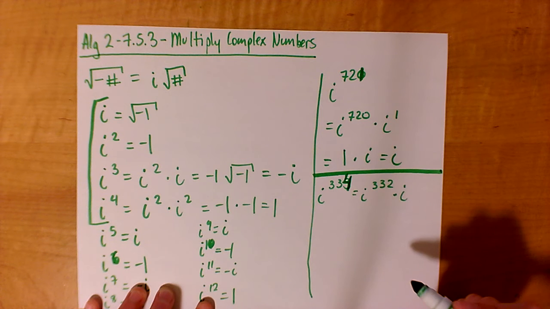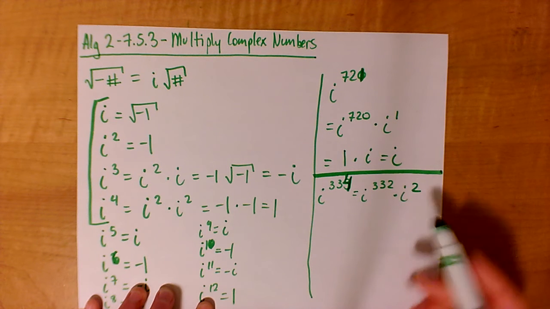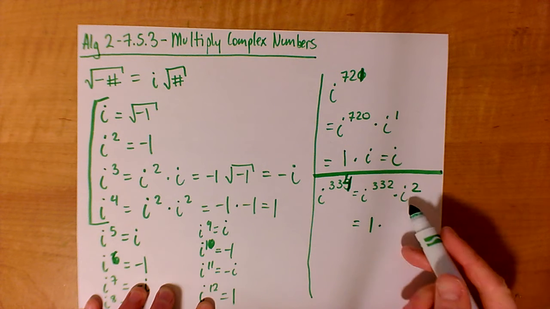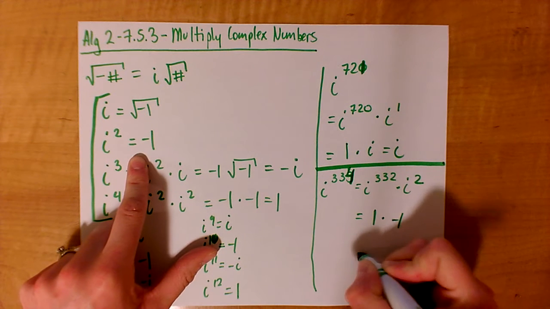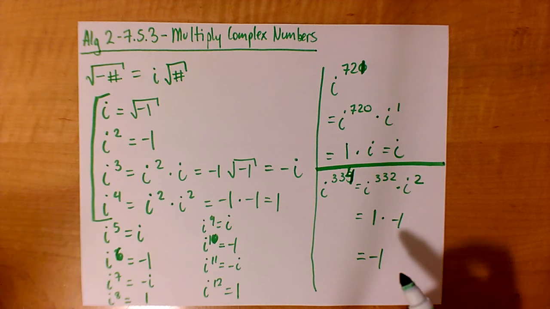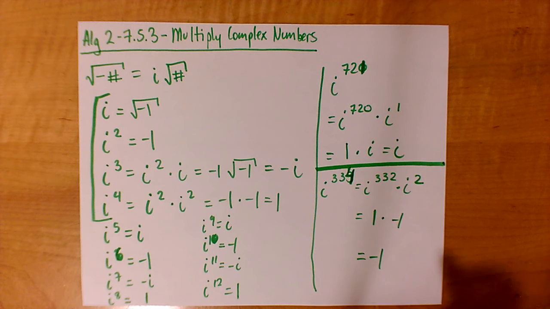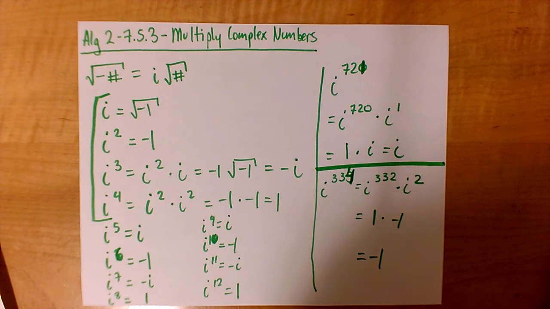I to the 334 is i to the 332 times i squared. And we know i to the 332 is 1. And i squared, looking at our pattern, is -1, so then your answer is just -1. So you work backwards to your next perfect multiple of 4, and then you take your remainder and multiply by that.